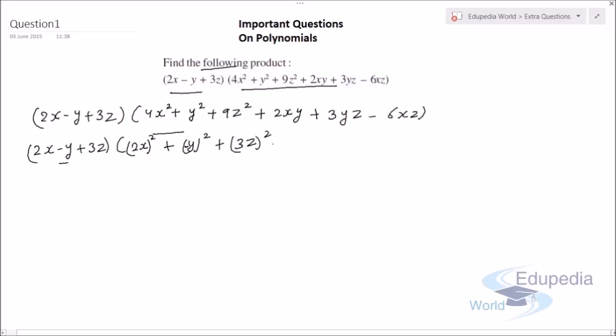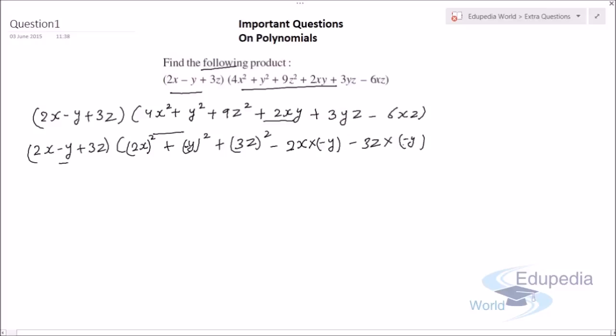So we can further write minus 2x into minus y. Why? Because in the question it's given plus 2xy, and minus 2x into minus y makes plus 2xy. Then we can write minus 3z into minus y.